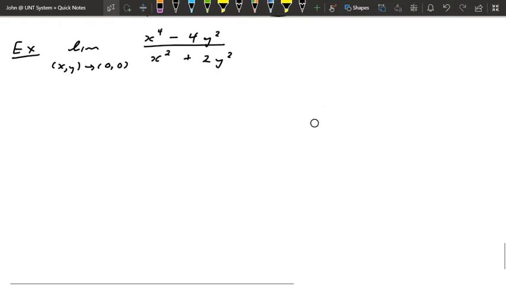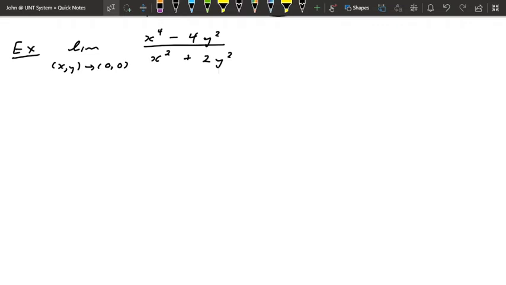So when you can't use continuity like that, you may not necessarily know immediately whether the limit exists or not. So the standard test for checking that it does not exist is to consider different paths towards our point, in this case (0,0).